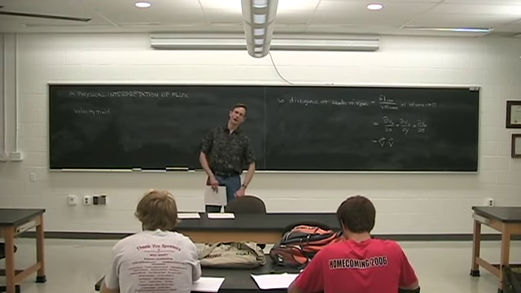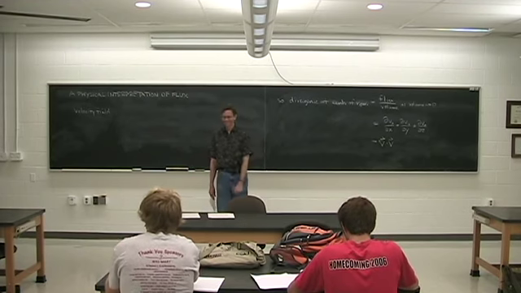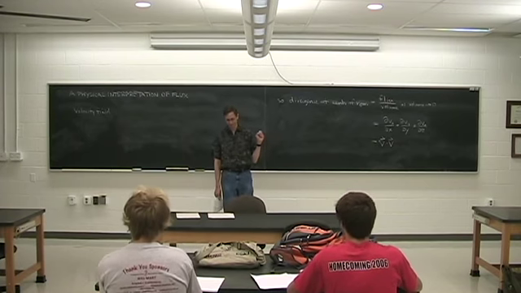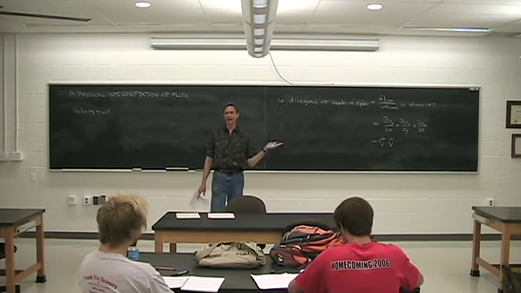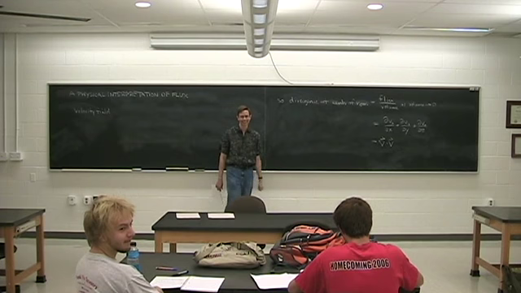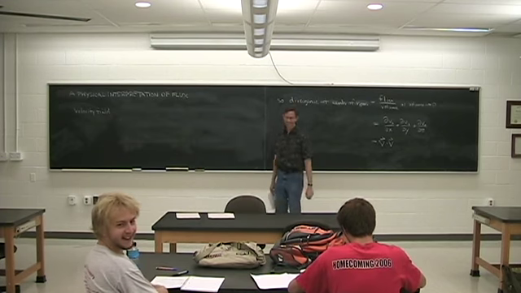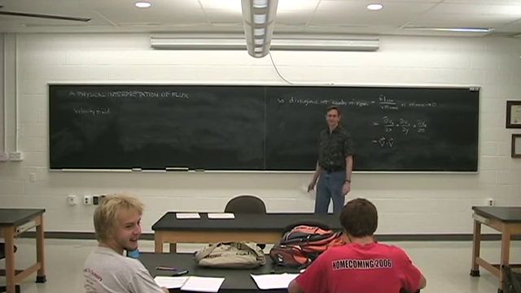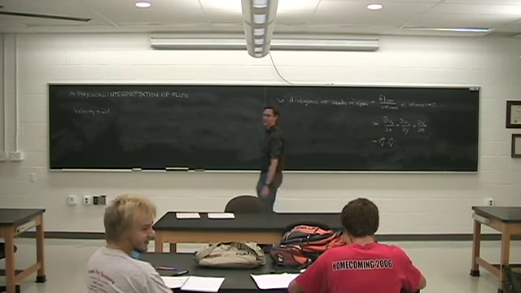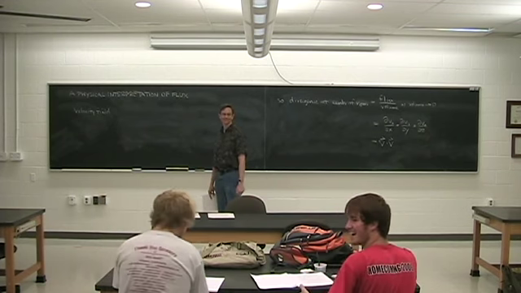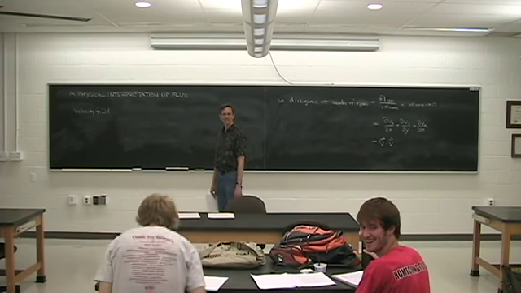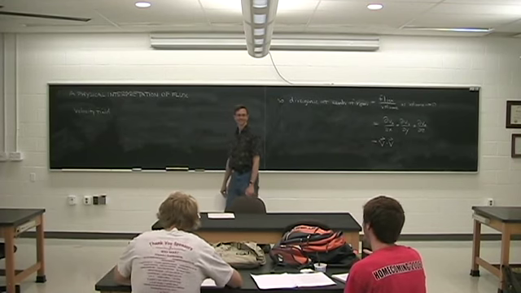And so, YouTube audience, a fluid is something which can flow, so therefore the blackboard is not a fluid, basically. Solids are not fluids; basically just about everything else is. What about glass?